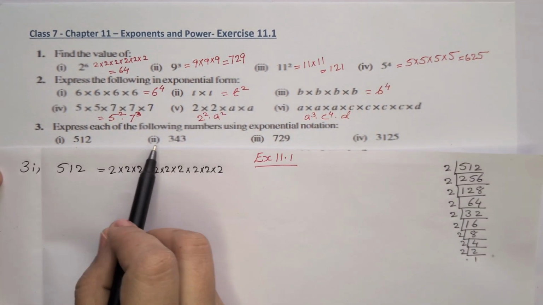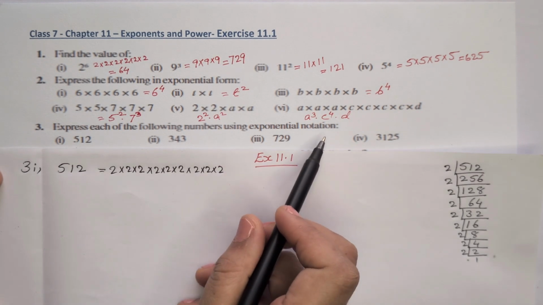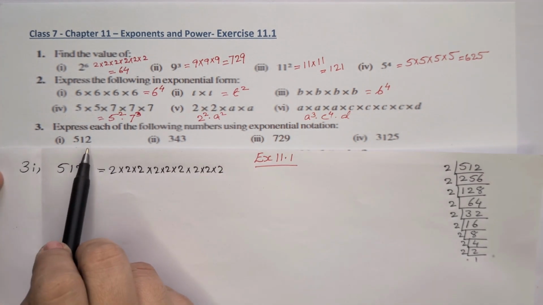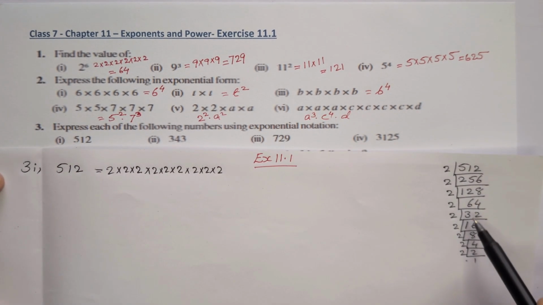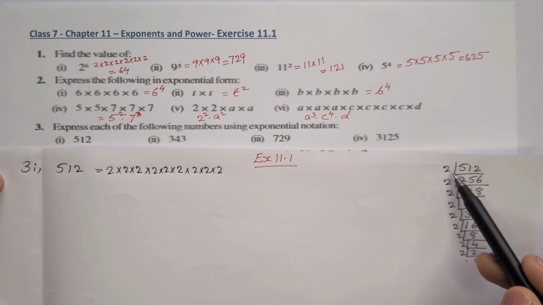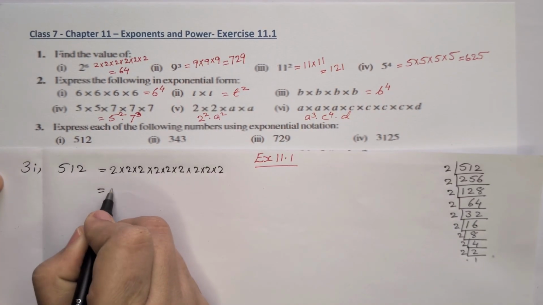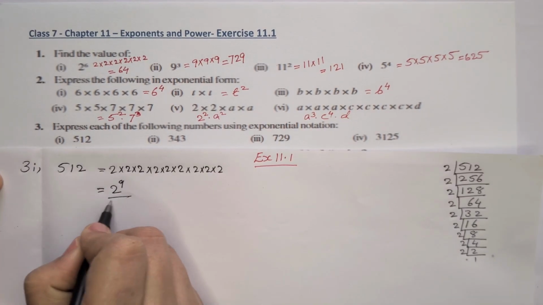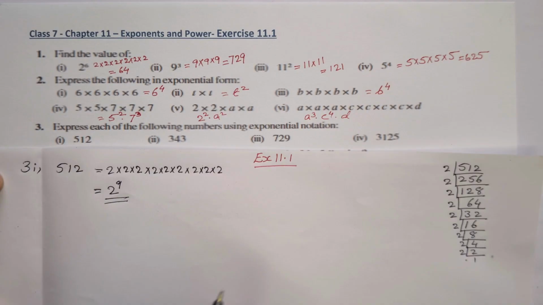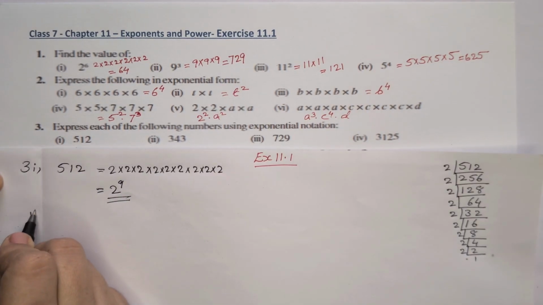Third question. Express each of the following numbers using exponential notation. 512. For 512 we have to do the prime factorization. Here we are getting 2 nine times. So 2 nine times we can write as 2 raised to 9. Second number, 343.